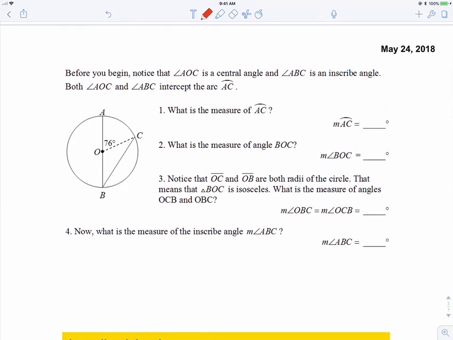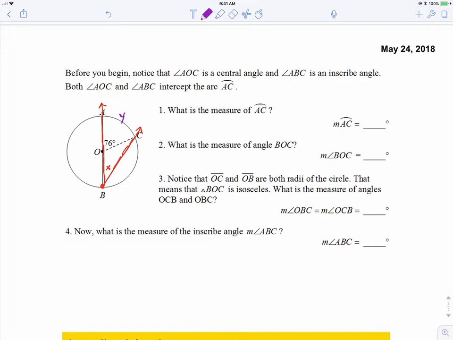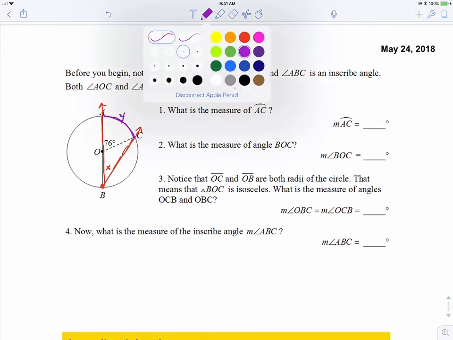Here's a little activity that can kind of show you how we can prove this. So if I consider this inscribed angle here, right? It's an angle, to review the vocab, whose vertex is on the circle. Therefore, it's an inscribed angle. I want to compare the measure of x with the measure of the arc it intercepts, y. I want to compare that red angle measure with the purple arc measure.